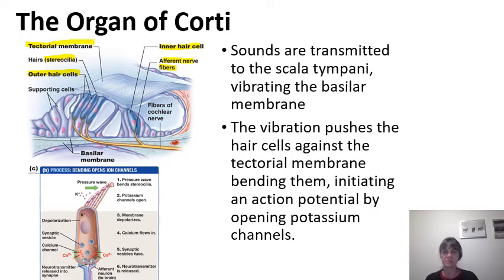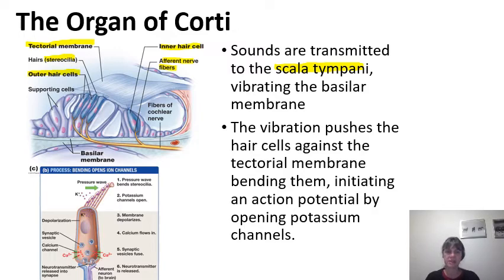because what happens is when fluid vibrations start going through the scala vestibuli, it displaces the basilar membrane associated with the scala tympani. And because it's the basilar membrane on the scala tympani that's going to be moving, that causes the hairs embedded in the tectorial membrane to move.